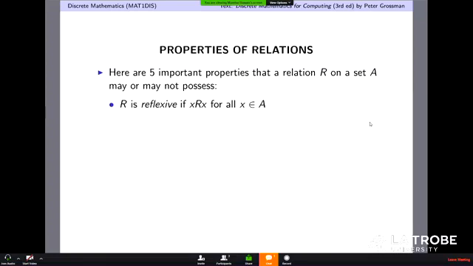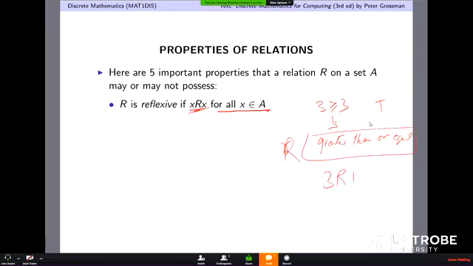A relation is reflexive if every element that you pick is related to itself. 3 is greater than or equal to 3. If I have a greater than or equal property, then this is true, right? So if I have this relation R, then 3 is related with 3, right?